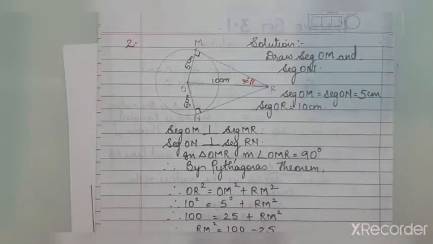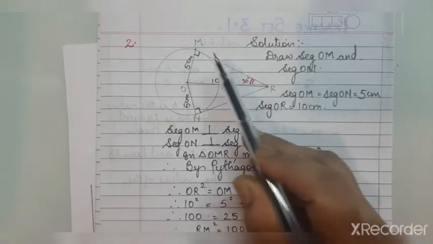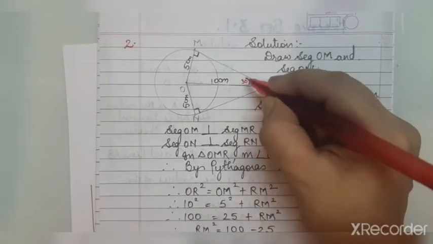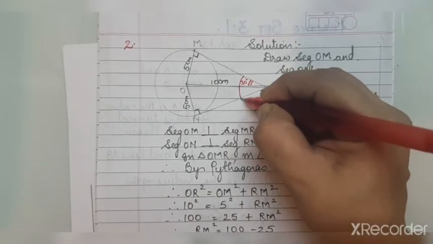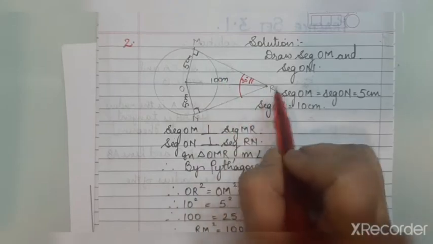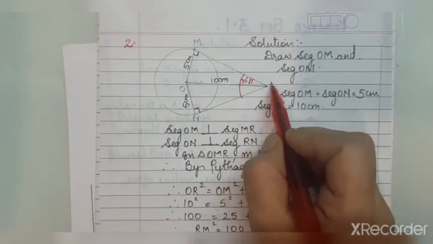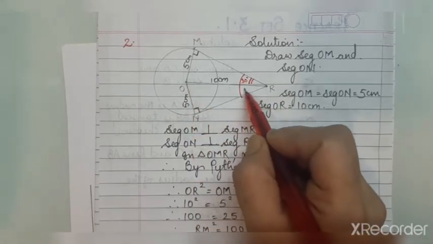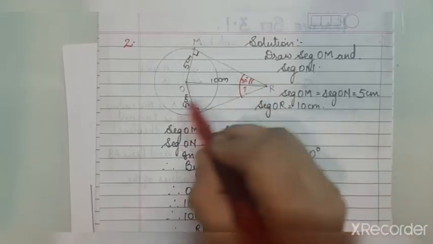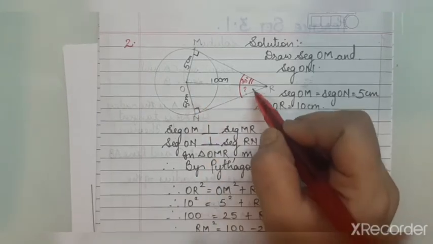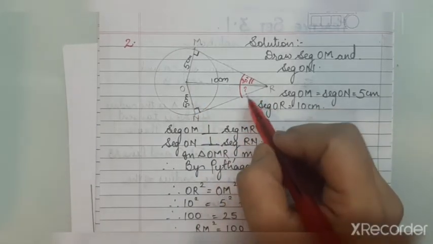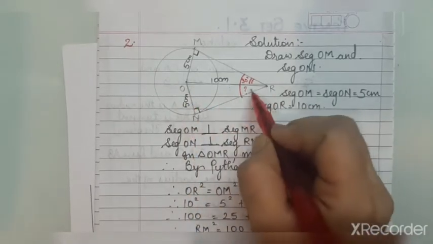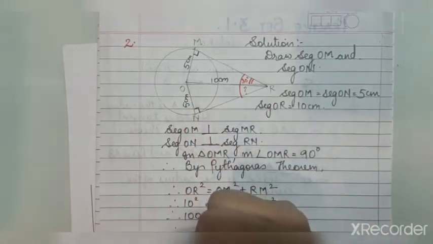Now after this they have asked how much is angle MRN. Now where is angle MRN? If you see, this is angle MRN. In order to know measure angle MRN, we know MRO, but we also need to know how much is ORN, this angle. Now NRO also is 30 degree, because again NRO is opposite to a side which is half the hypotenuse.